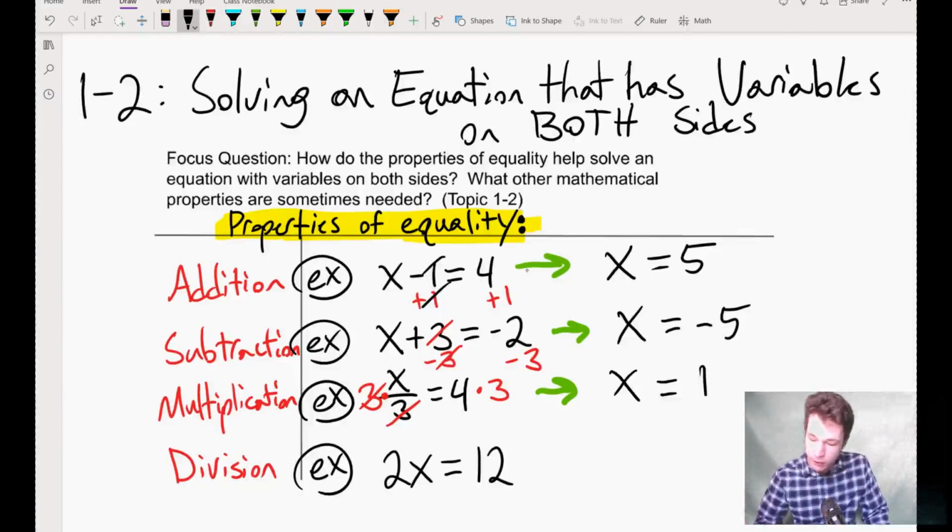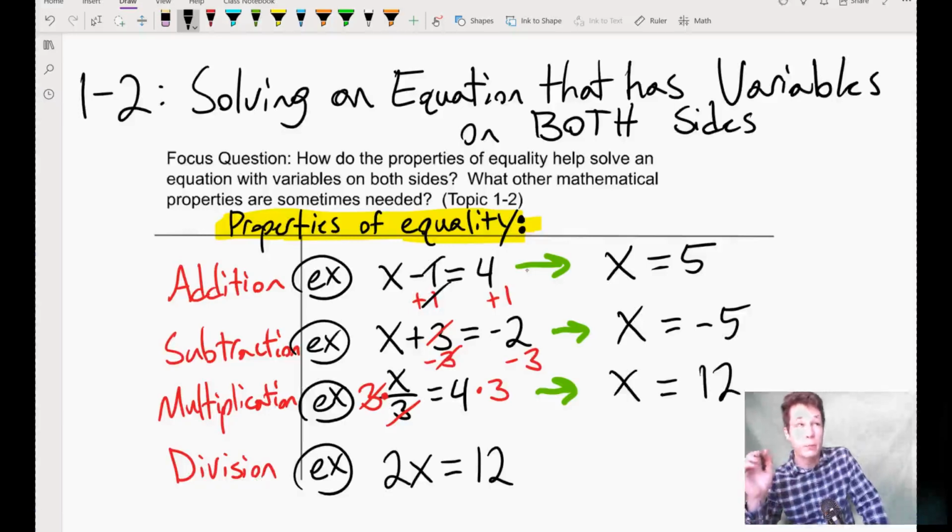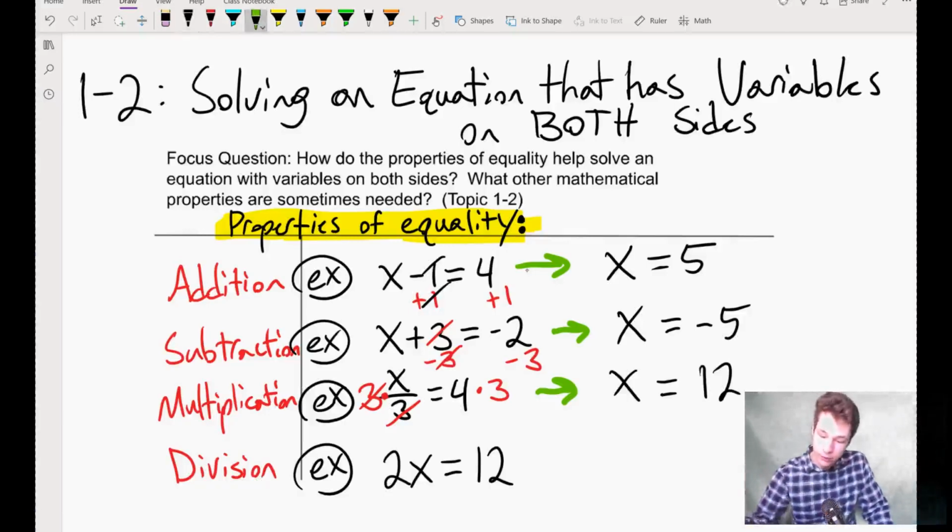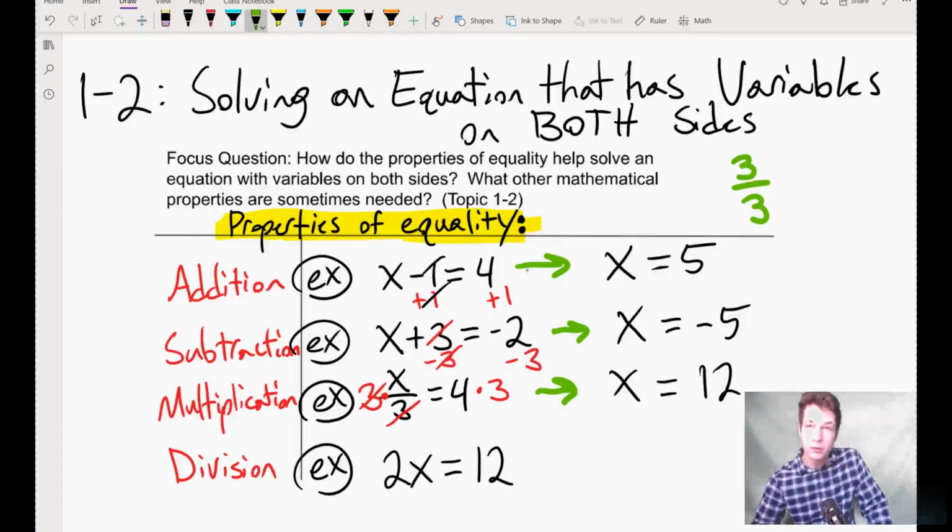And 4 times 3 is 12. So here we got our answer by multiplying both sides by 3. That goes along with that nifty quality of any number divided by itself is equal to 1, which is why we're allowed to do this and get rid of that 3 in the denominator.